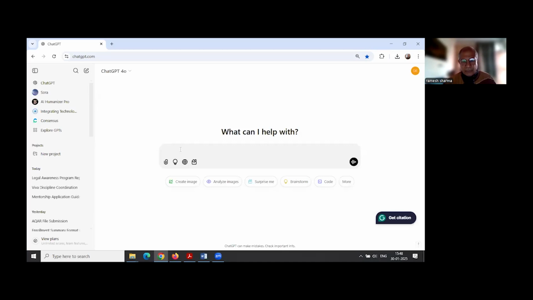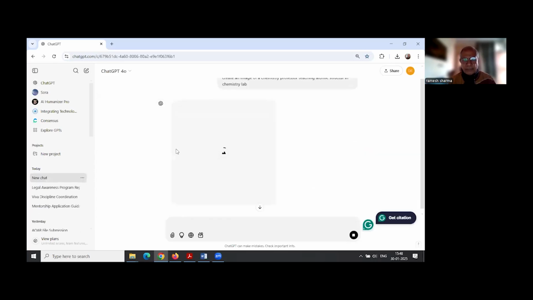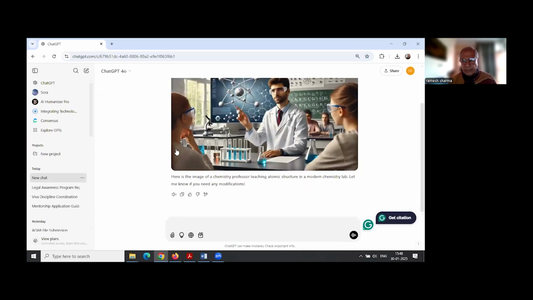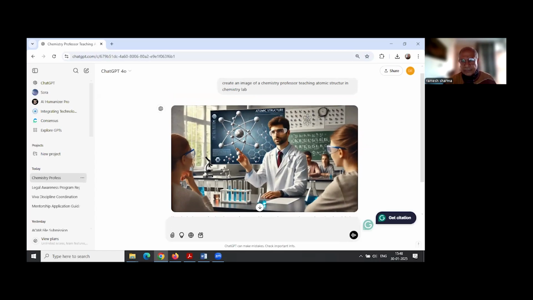In fact, you can ask it, like, create an image of a chemistry professor teaching atomic structure in a chemistry lab. So here, see, it has created that image.